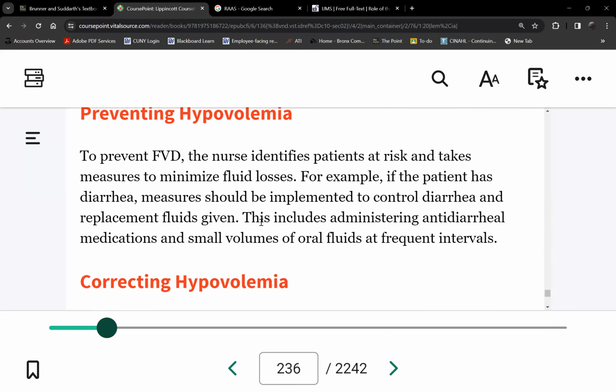Prevention, of course, you have to know what the causes are and then implement your prevention. Even if the patient didn't come in with those causes mentioned earlier, they can still experience fluid and electrolyte problems while in the hospital because of the change in the environment and the conditions.